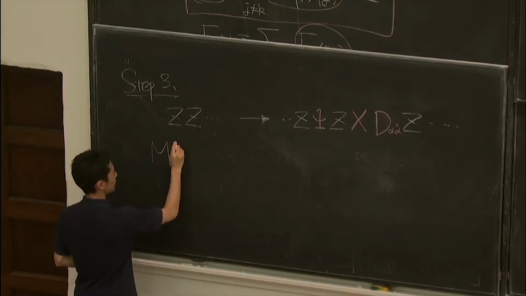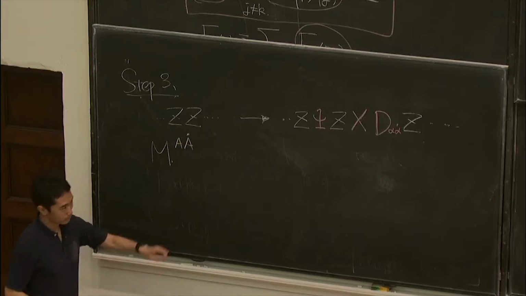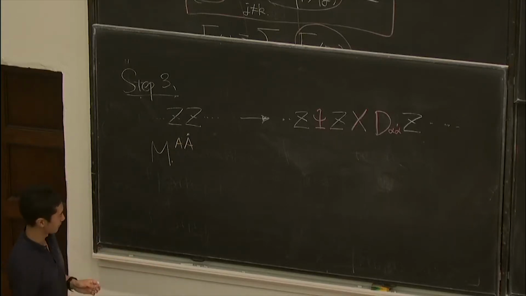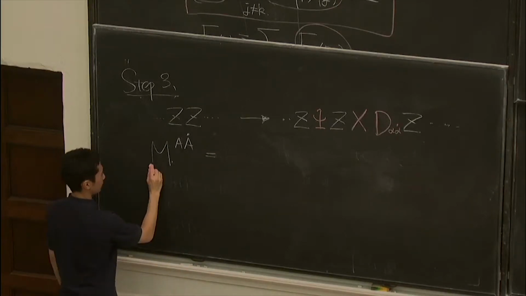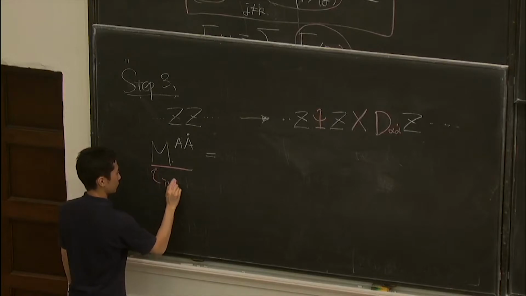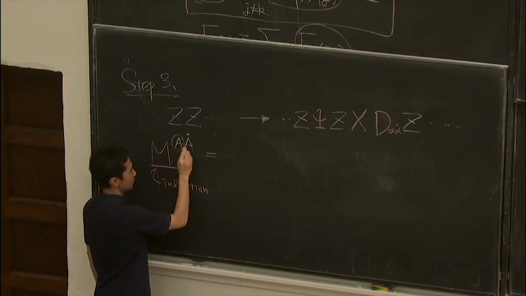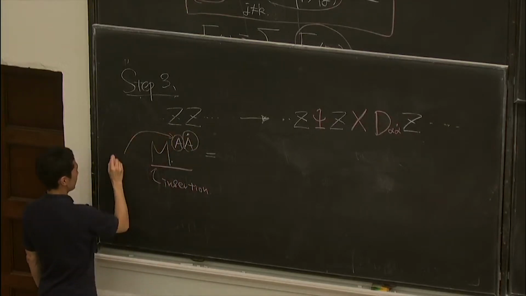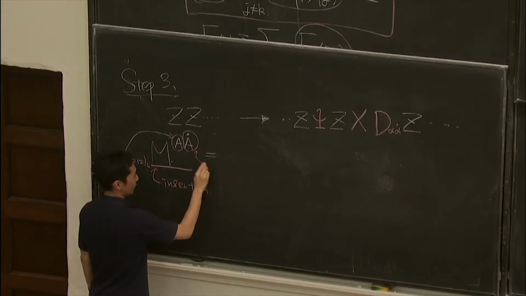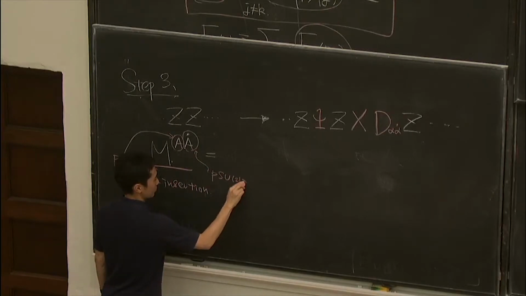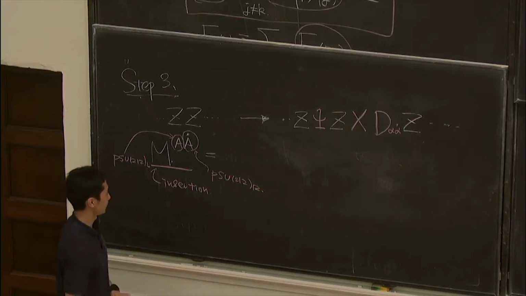It turns out each insertion can be regarded as a bifundamental of the PSU(2|2) squared that I just described. So this is the insertion. Because it is bifundamental, it has two indices. One index is for PSU(2|2) left, and the other index is for PSU(2|2) right, where left and right are just the two groups which appear over there.